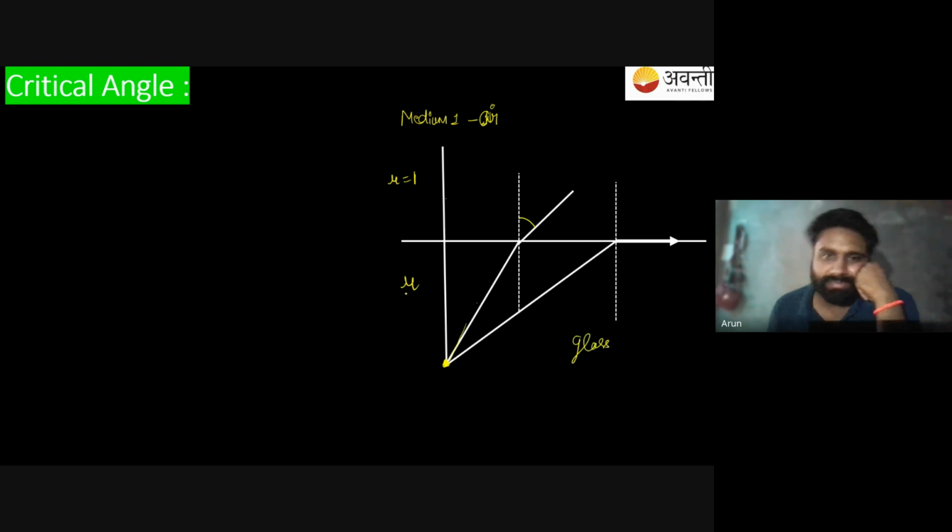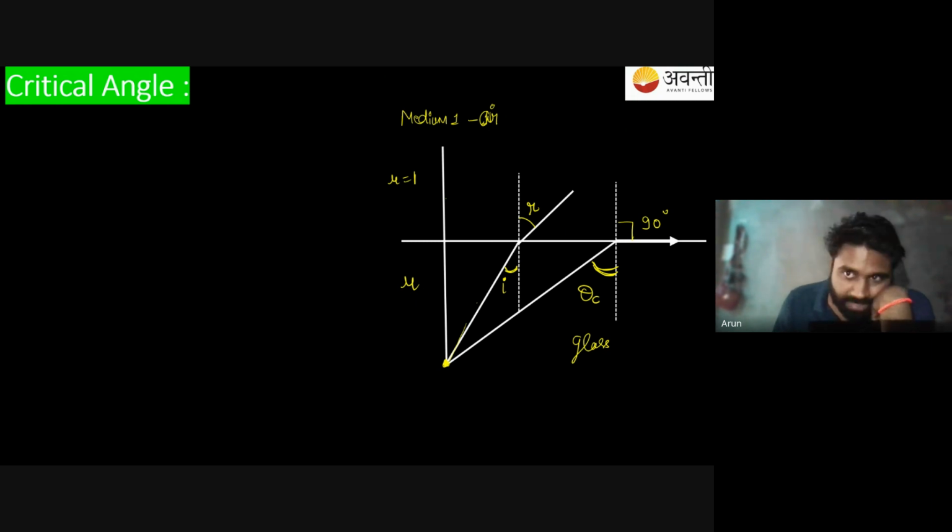Glass has a refractive index mu, air has a refractive index 1. This is the angle of incidence, I, and this is R. For this particular angle, if the angle of refraction is 90 degrees, this angle of incidence would be theta c, the critical angle.